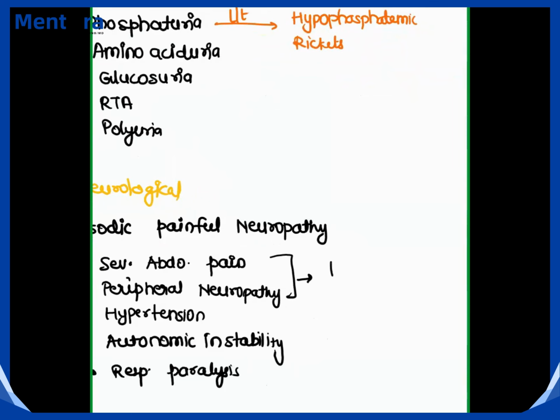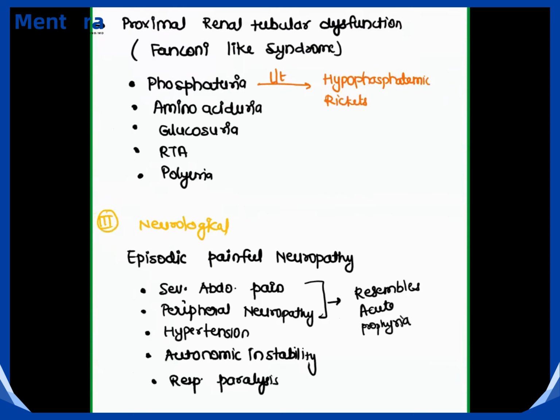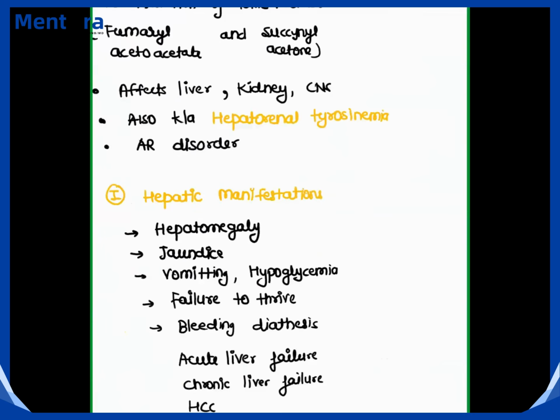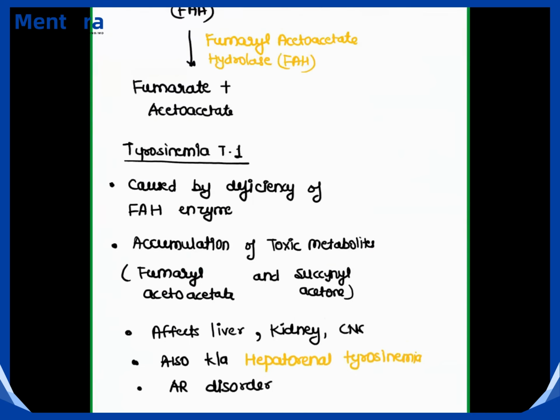This resembles acute porphyria. So these are the features of tyrosinemia type 1.